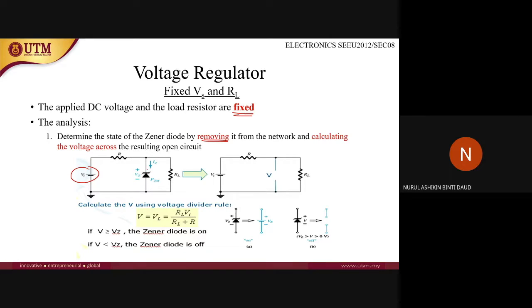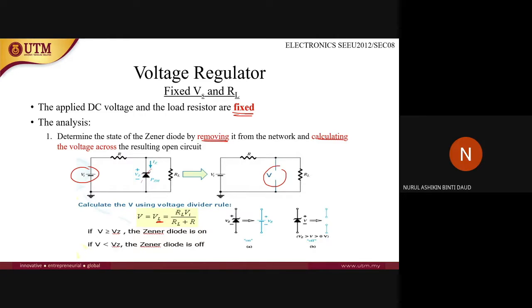First of all, you need to remove this Zener diode from the network and calculate the voltage across the resulting open circuit, that is, calculate the VL first. Once you remove the Zener diode, V at the output equals VL.